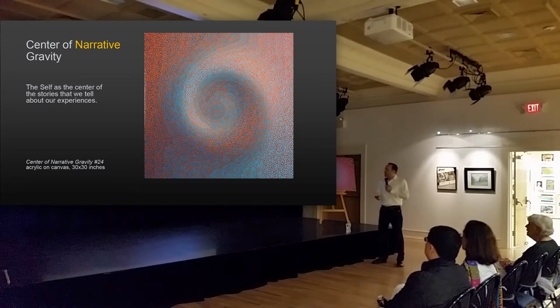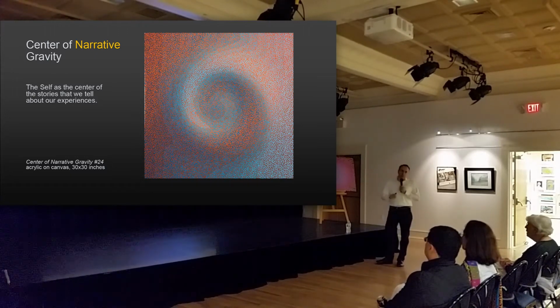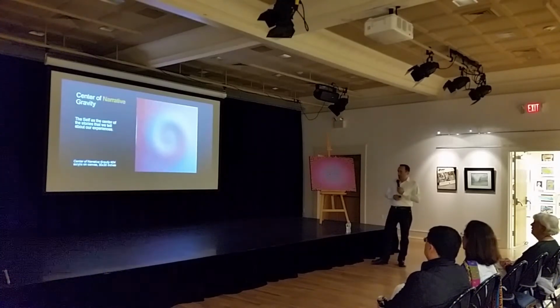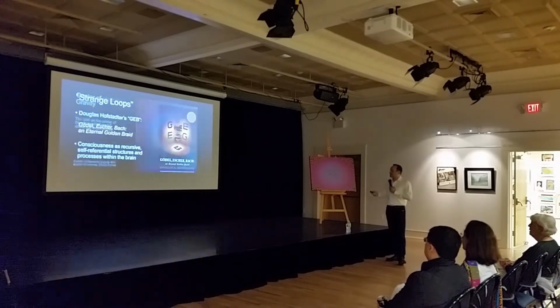This is number 24, where I have intersecting swirls of gradients of color that create this sense of depth, but perhaps with a nebulous core that changes depending on how you look at it and how far away you're standing from it. So that's how I approached center of narrative gravity.